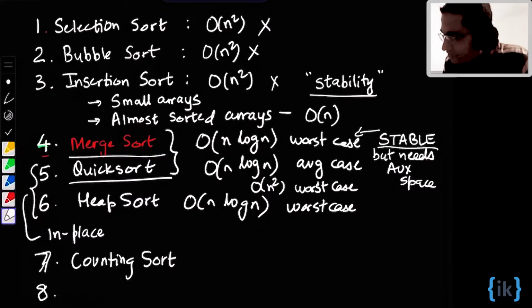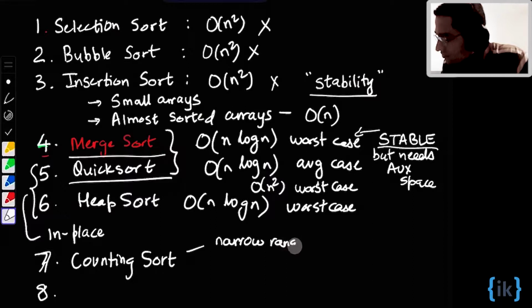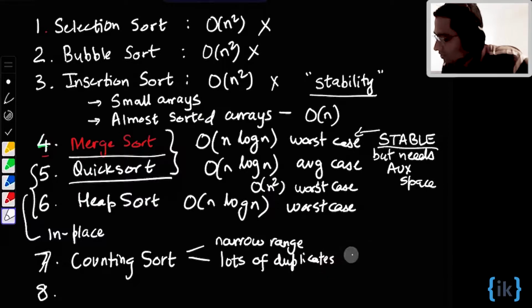So counting sort is useful when your input has a very narrow range of numbers. Another scenario in which it could be useful is when there are lots of duplicates, and I would say very, very few unique numbers.